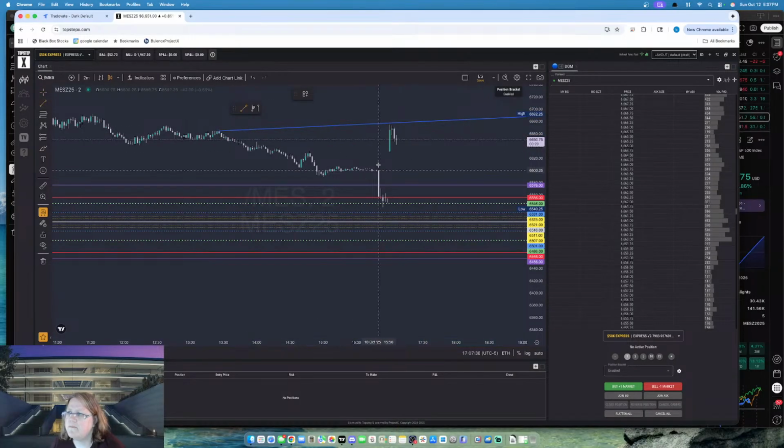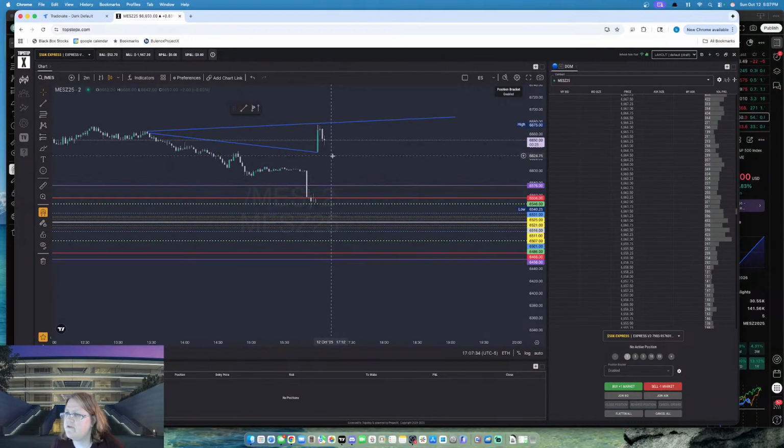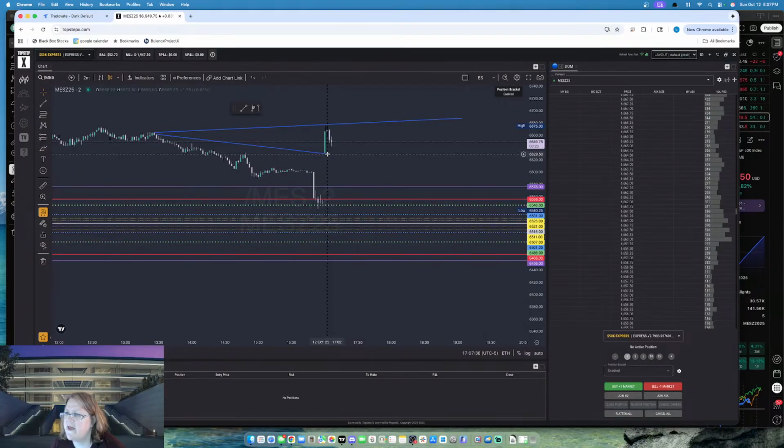I have nothing to anchor the bottom to since we had the gap, so I guess we could just do it like that and view this as a broadening formation, which means we're not going to get out of here until one side or the other breaks.